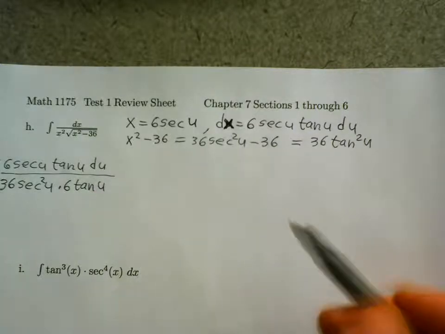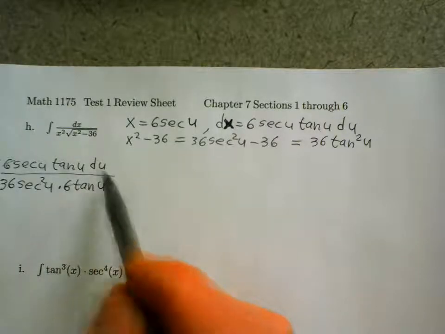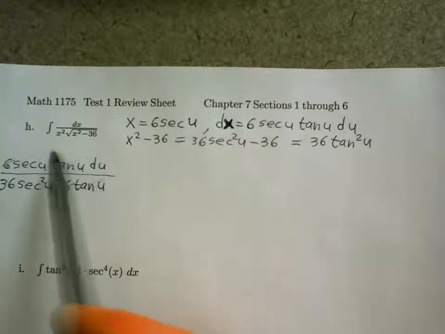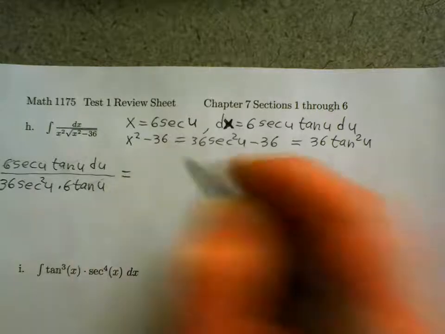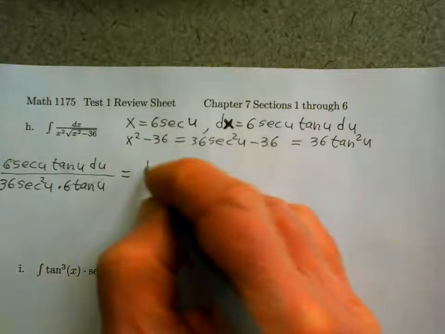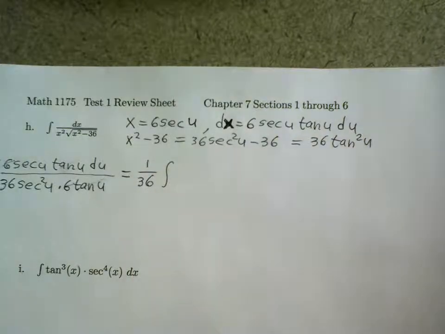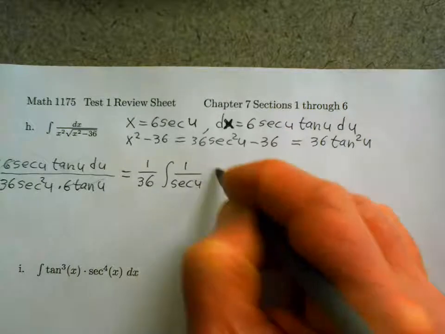Hey, we get a bunch of cancellations. 6 divided by 6, tangent of u divided by tangent of u. And 1 factor of secant of u cancels. So we're going to get 1/36 times the indefinite integral of 1 over secant of u du.